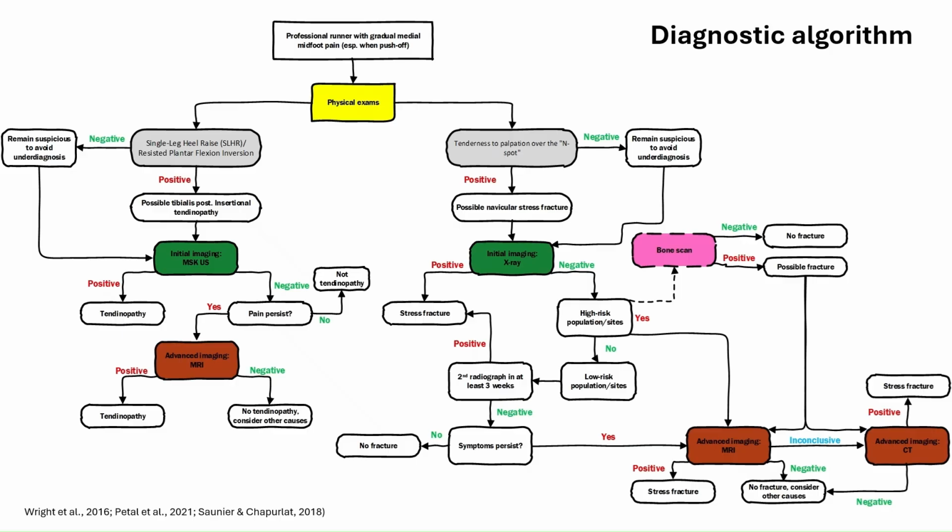If MRI results are inconclusive, CT should be used. Compared with MRI, CT provides superior visualization of cortical bone and is more effective at identifying longitudinal fractures. However, CT cannot detect bone marrow edema and evaluate transverse fractures well.